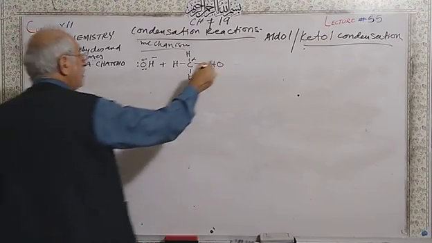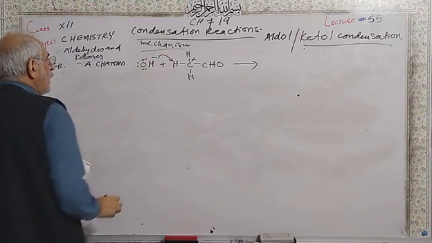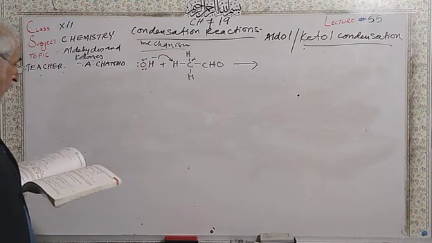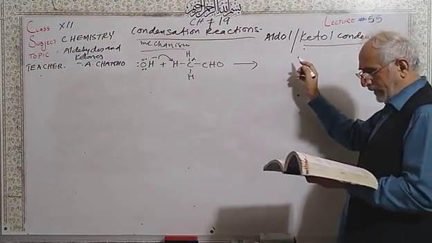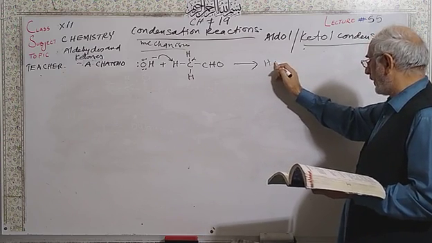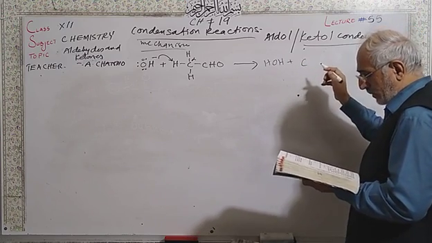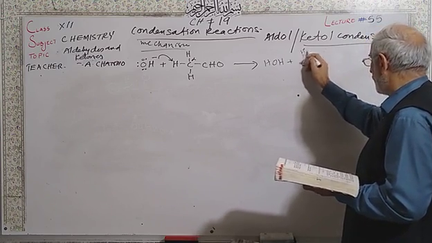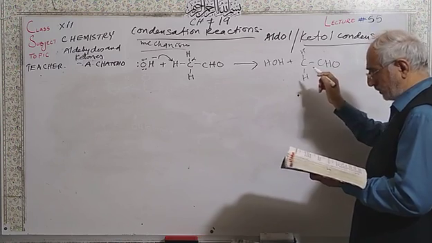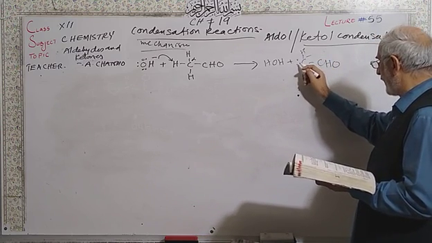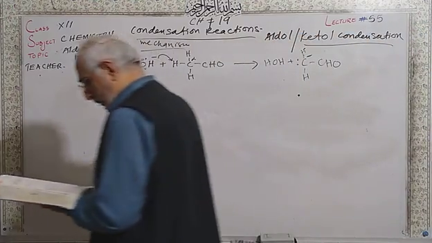In the first step, this hydroxyl group nucleophile attaches to the hydrogen from the carbonyl compound, acetaldehyde. So you will get water, and this carbon contains only the remaining 2 hydrogen atoms. Negative charge is created on the carbon atom. So this is the first step.